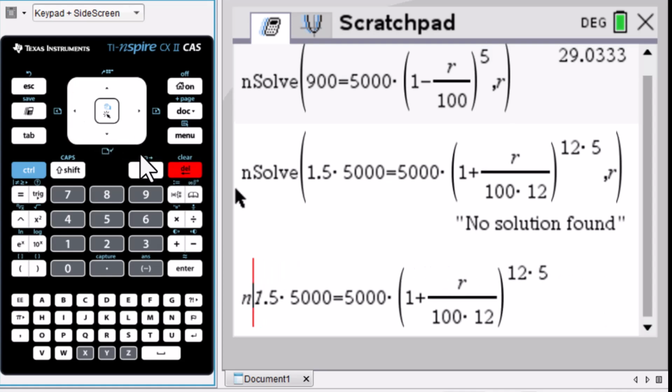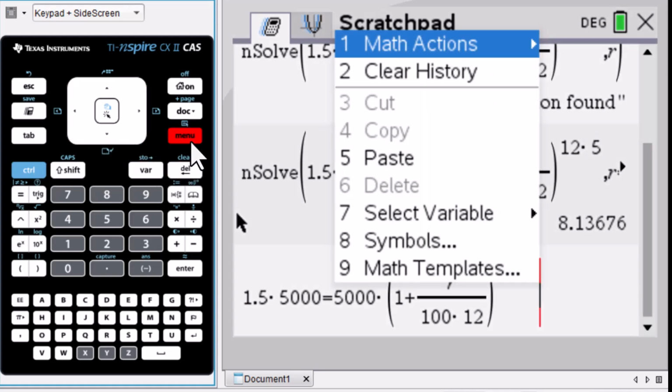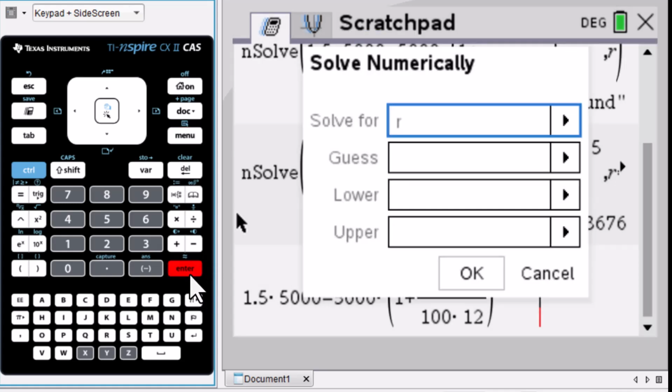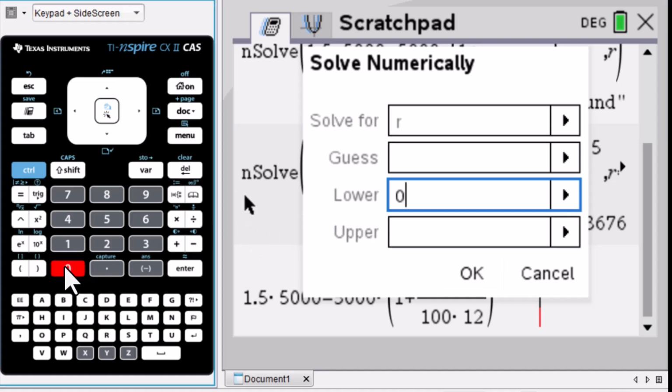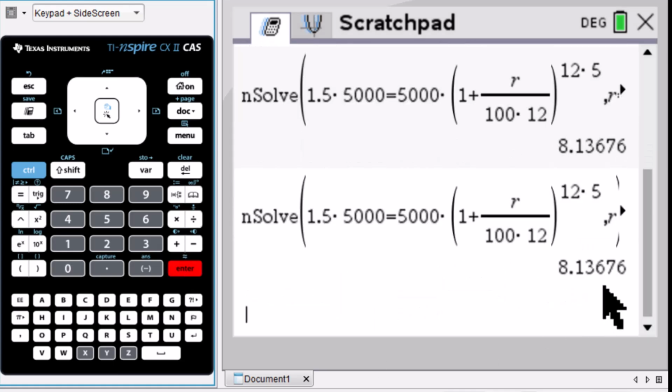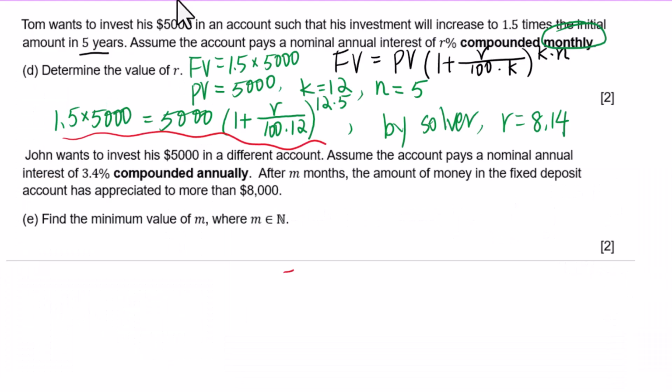Control menu. Enter. Then this time we will put the lower and upper bound. Lower is 0. Upper bound, you know the interest rate, highest one could be 100%. So I will put the lower is 0, upper is 100. Then enter. They give you the answer. Let's go to next question.